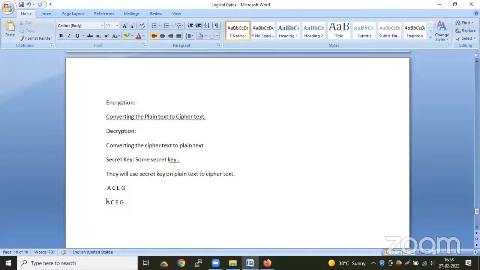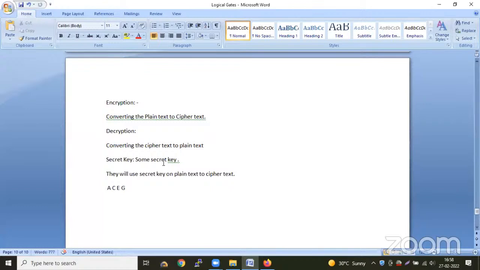Sorry, +2. +1 means B will come. I'm neglecting B and taking +2, which means C. C next +2 means E. E +2 means G. So what is +2 here? Secret key.